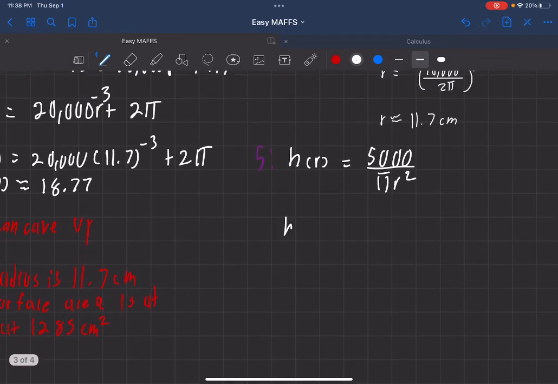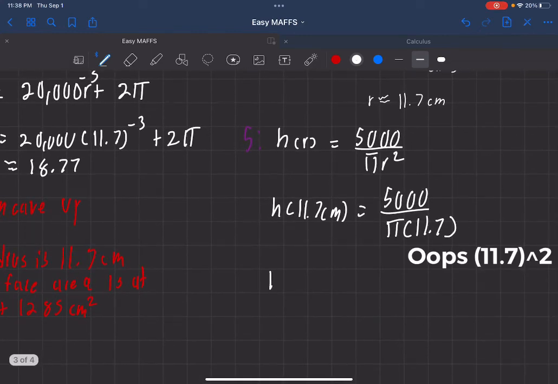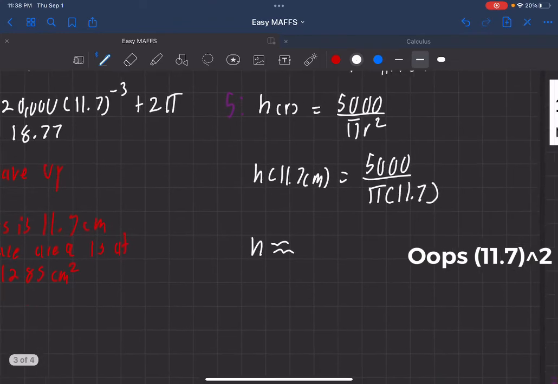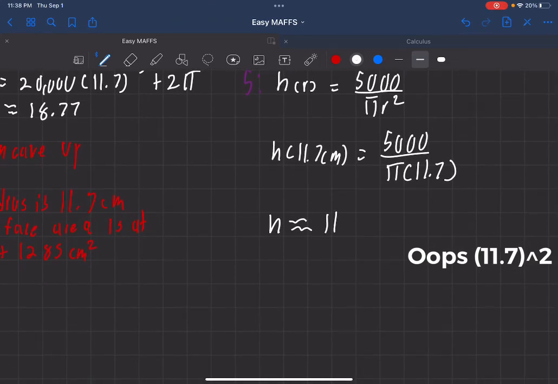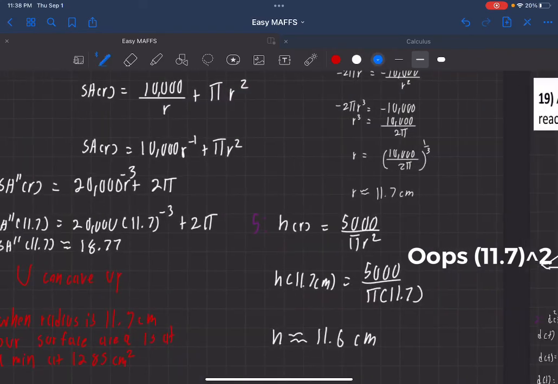So our height at 11.7 centimeters is equal to 5,000 over pi times 11.7 squared. So if we plug that into our calculators, we should get approximately 11.6 centimeters.